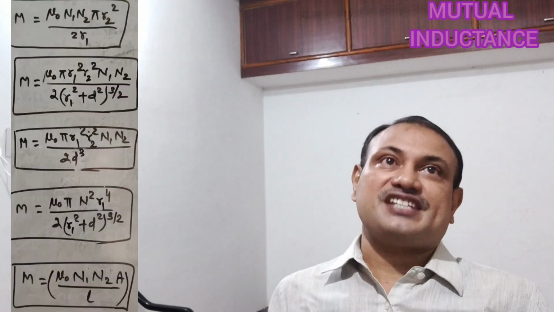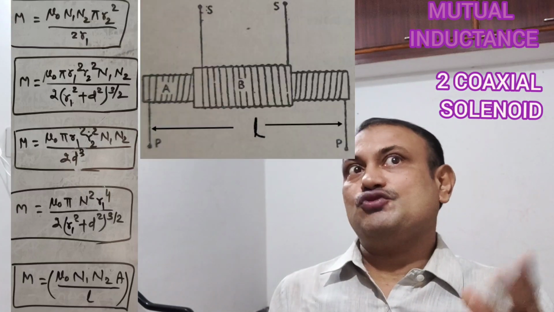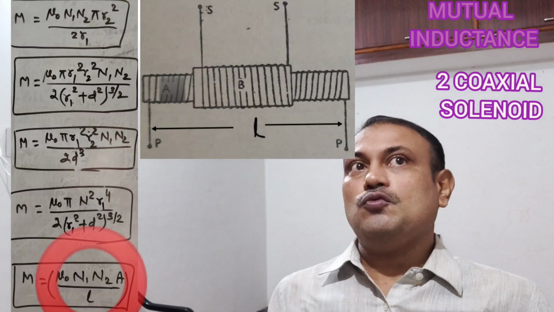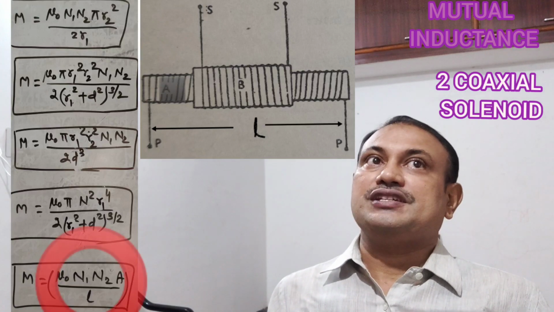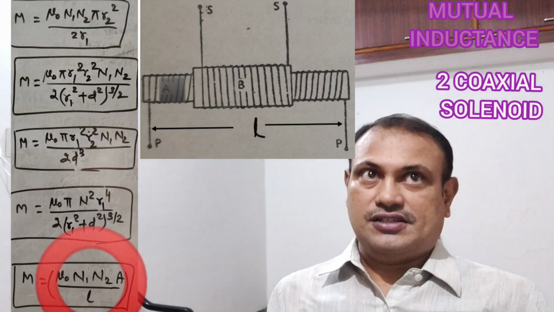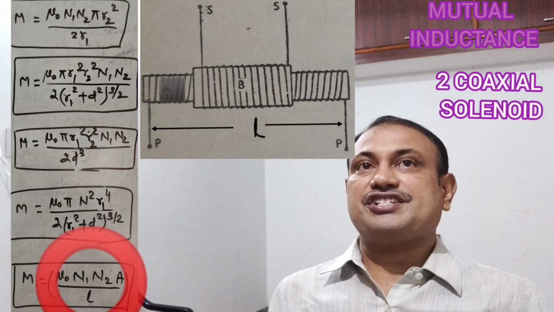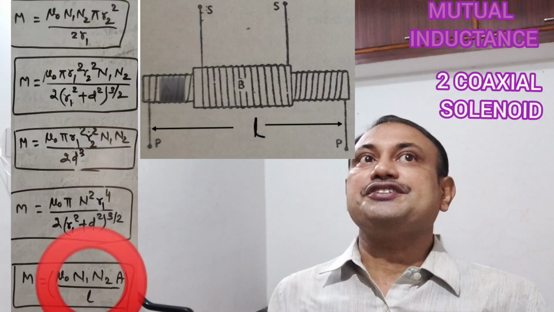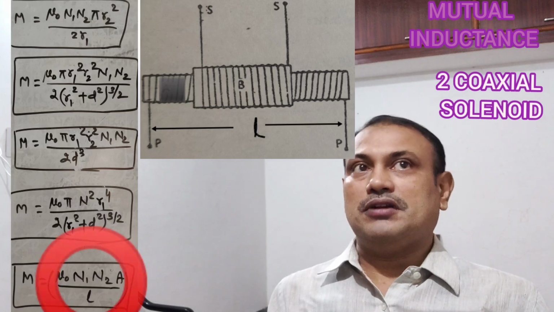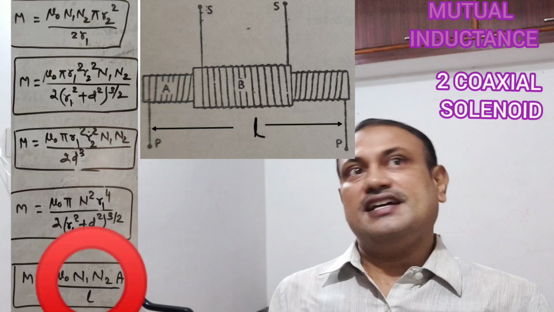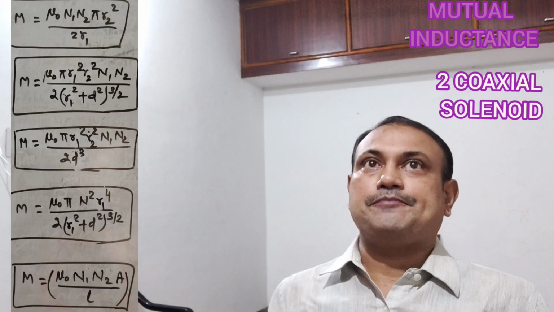In the same way, consider the mutual inductance of two coaxial solenoids. In that case the mutual inductance M is equal to mu 0 times n1 n2 times capital A by small l, where capital A is the cross-sectional area of the inner solenoid, n1 and n2 are the number of turns in each of the solenoids, and small l is the length of the larger solenoid.